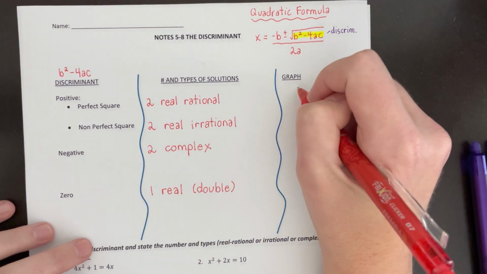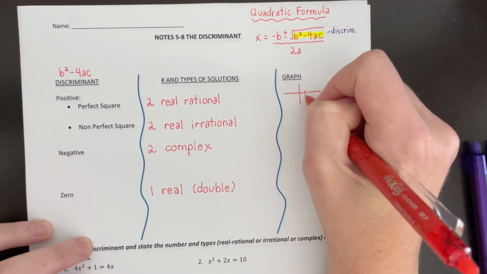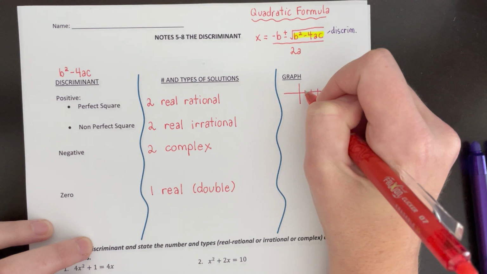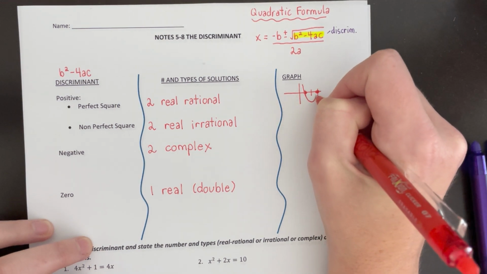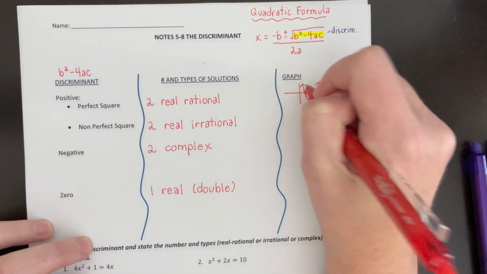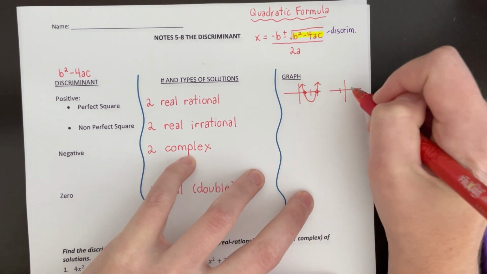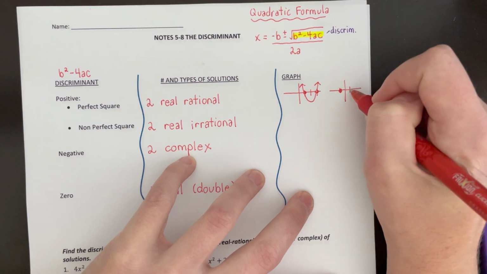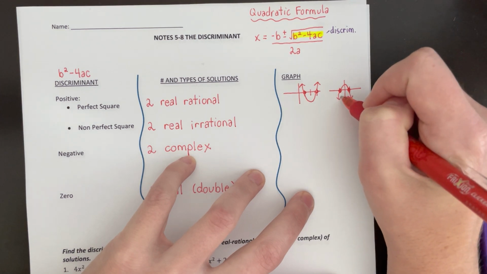Okay, so how will the graph look when you have two real rational solutions? Well, the graph would look maybe something like this, where the graph crosses through these two integer values. Or maybe something like this, where the graph is upside down, and we cross through two integer values.